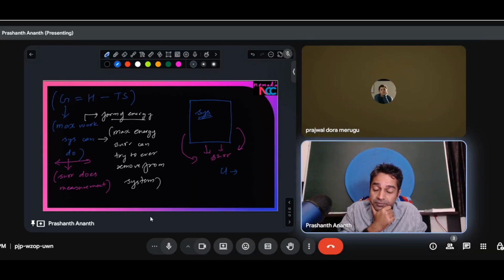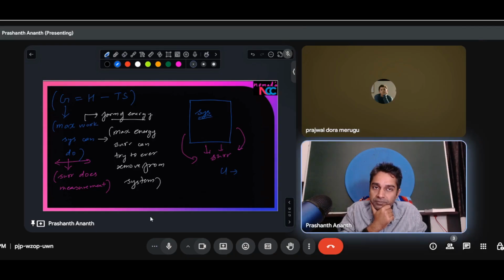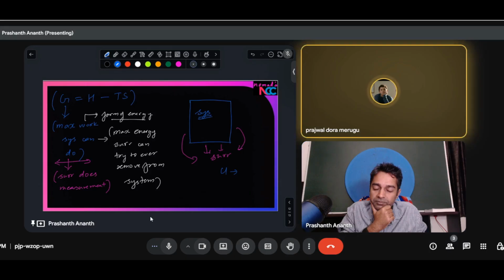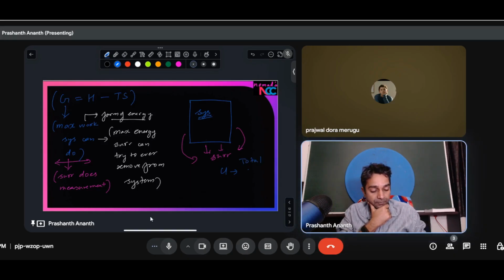Yes. What is that? The energy stored inside every molecule of the system. Good. So it is going to be the total energy accessible by particles of a system.